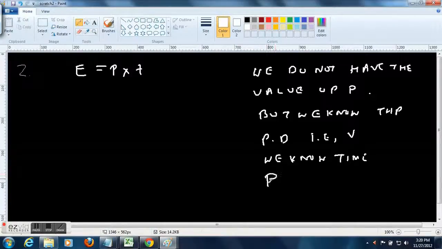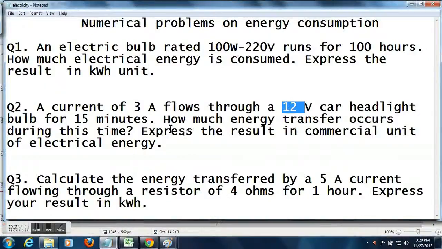Therefore we can get the value of P by multiplying V with I, because we know the formula P equal to V multiplied by I. We have seen that before. Therefore the value of V is 12 volt.